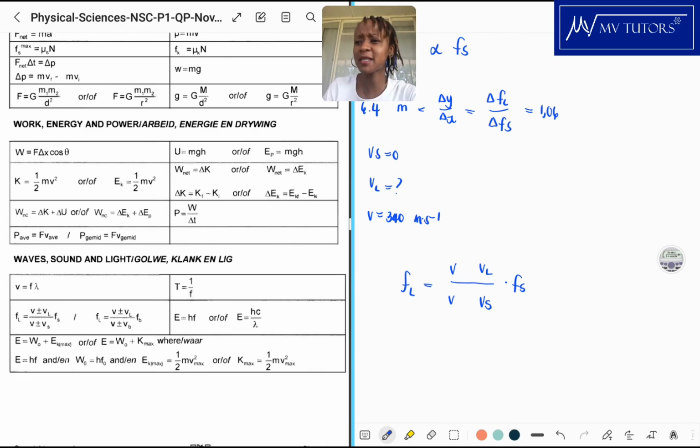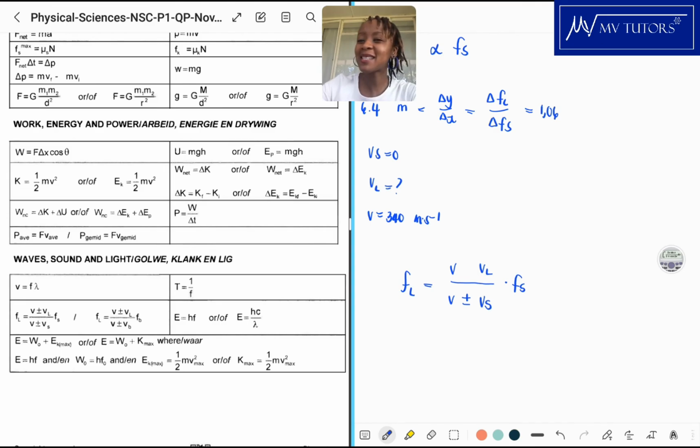If you have a stationary source, it doesn't really matter whether it's plus or minus because you're just adding or subtracting 0. But in the case where the listener is headed towards the source, do you use a plus or a minus?